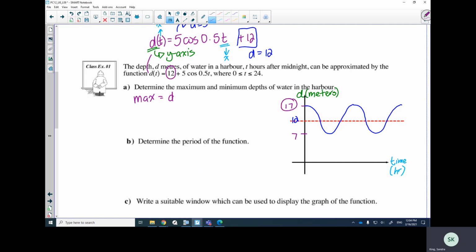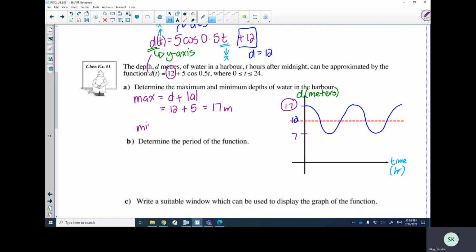We know that the max is 17, right? How do we get that maximum? It's the D value plus the absolute value of A. So the midline was 12 and the amplitude is 5. 12 plus 5 is 17. And I'm going to put meters because they want the depth, and that's in meters.